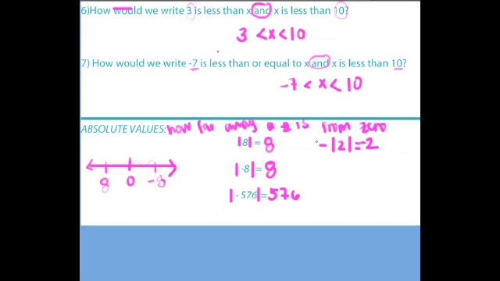The only time you're going to get a negative answer for the absolute value is if the negative is on the outside of the absolute value. Even in this situation, it's still going to end up being -3. So if it's inside the absolute value, it's going to be positive. If it's outside the absolute value, the answer can be negative.